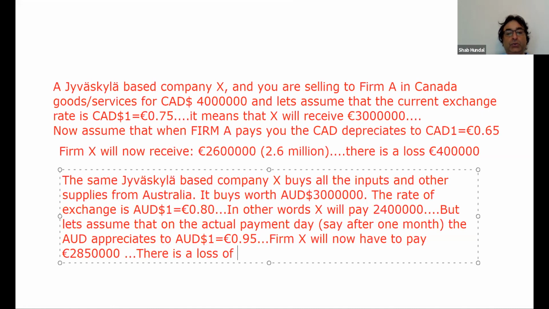In other words, you are paying in euros 450,000 extra. If you multiply 95 with 3, you get 285, and then adjust for the zeros. So there is a loss of 450,000.